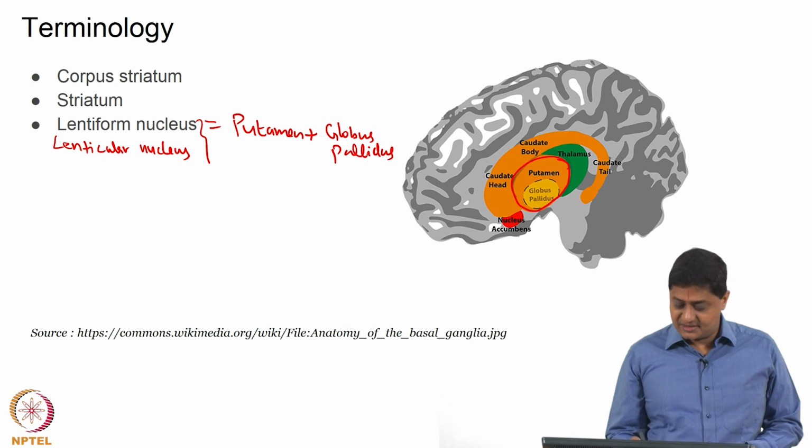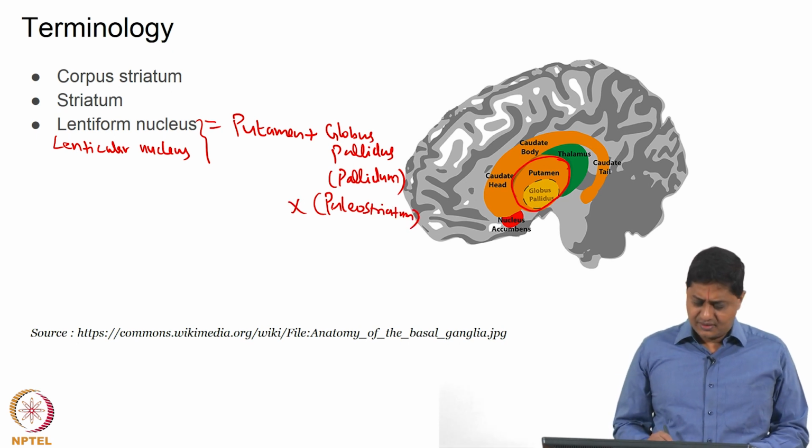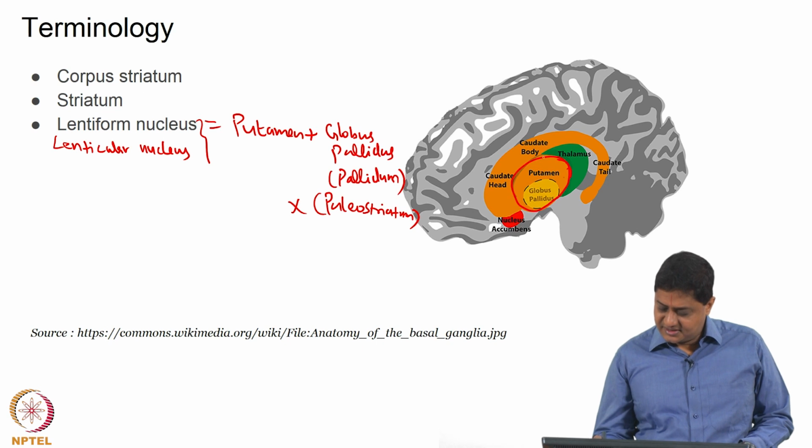Sometimes globus pallidus is referred to as pallidum. Sometimes this is also called palleostriatum or the old striatum. This terminology is no longer used. Lentiform or lenticular nucleus is this, that is composed of putamen and globus pallidus.